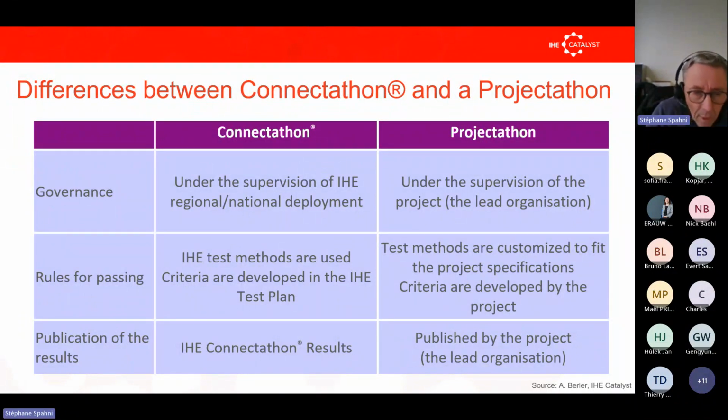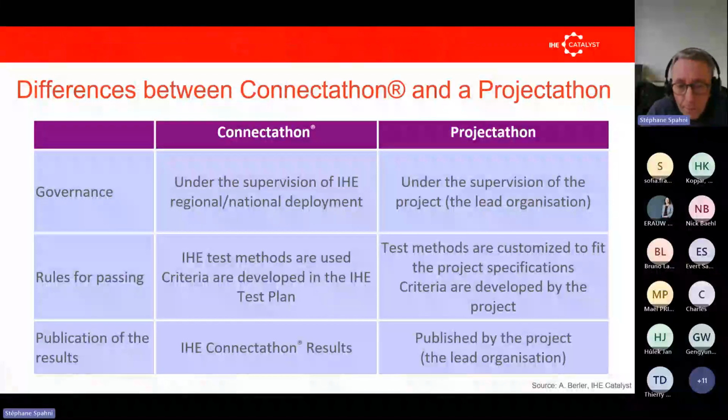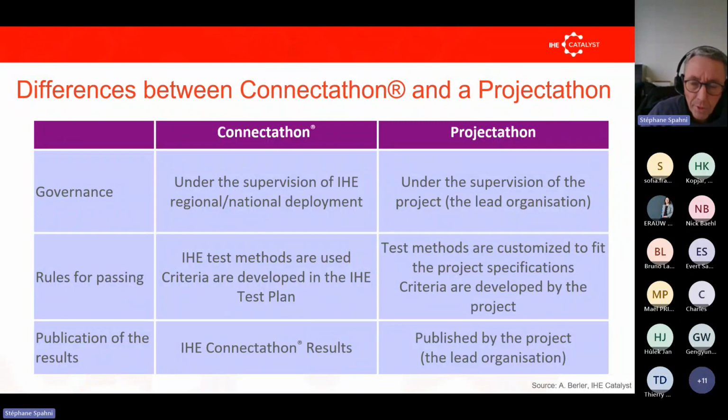And results, the IHE Connectathon results are published on an official site of IHE. Publication of results of a projectathon depends on the project. It's the project that has the lead for publishing or not publishing the results of the projectathon.